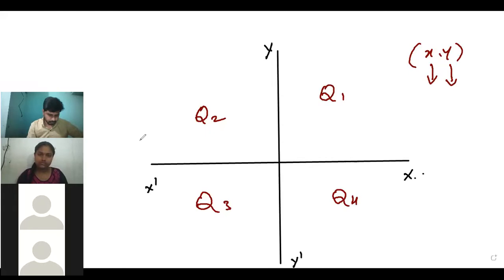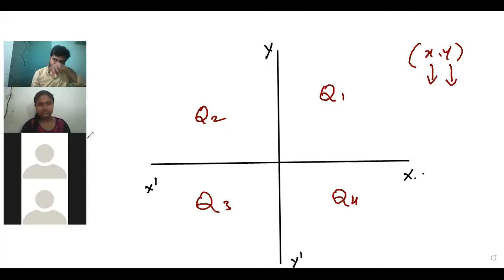In Q1, Q2, Q3, Q4, in which quadrant are both x and y positive? Quadrant 1, sir. Quadrant 1, okay. In which quadrant is x negative and y positive?